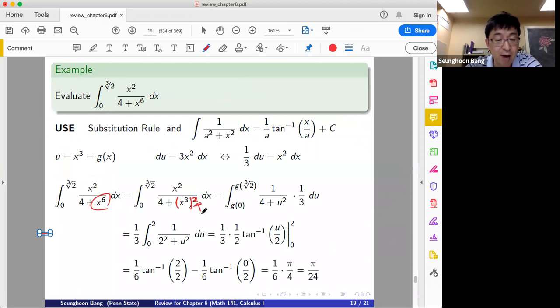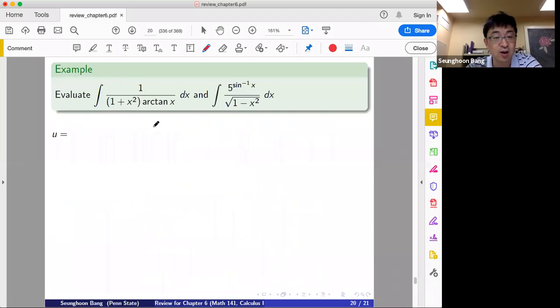The 2 is the outer function, x cubed is the inner function. In this case, choose the inner function. But here, this parenthesis doesn't have any power, so it's not a composite function. So in this case, don't choose 1 plus x squared. In this case, choose arctangent. This is totally different.